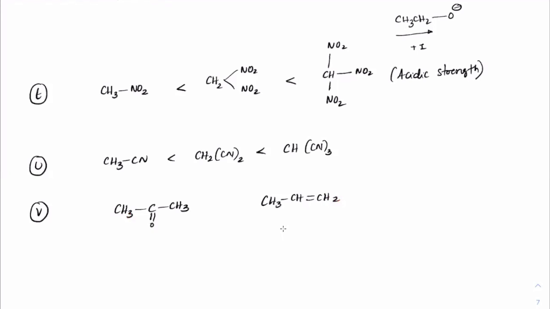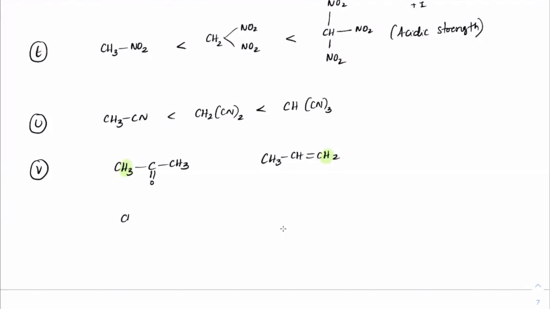Now if you compare this carbon hydrogen with respect to this carbon hydrogen here, this carbon hydrogen breaking bonds, then which one will be more stable conjugate base here? You can check out. With this hydrogen, it's sp3, yeah.